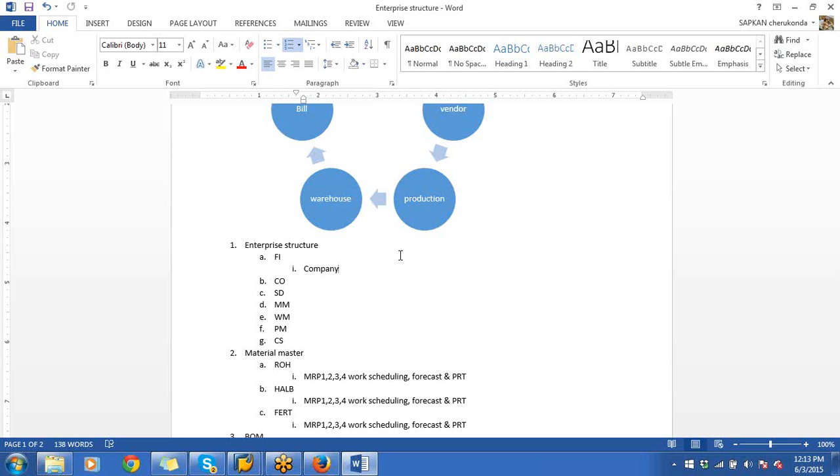When you have a legal entity, that legal entity is responsible for filing or publishing profit or a loss. Either you get a profit or you get a loss.